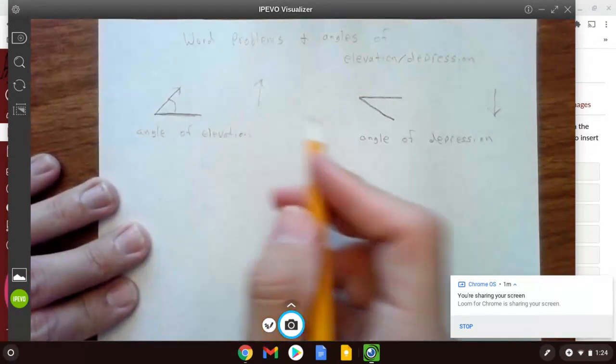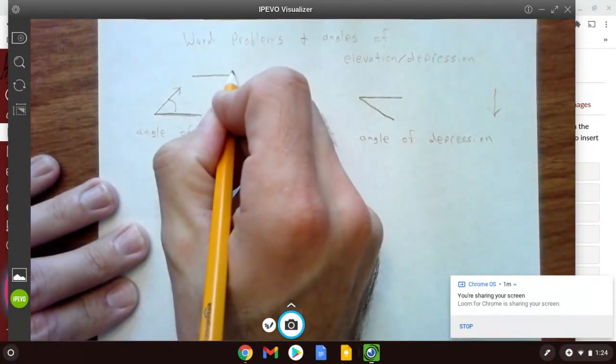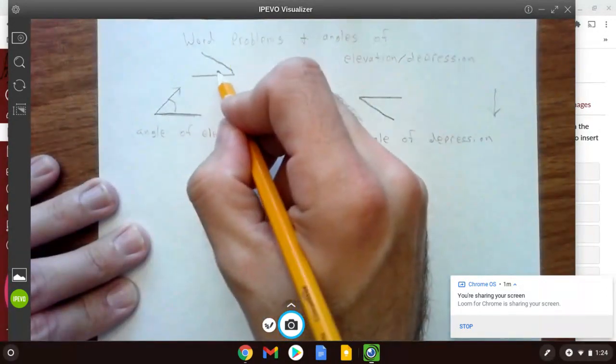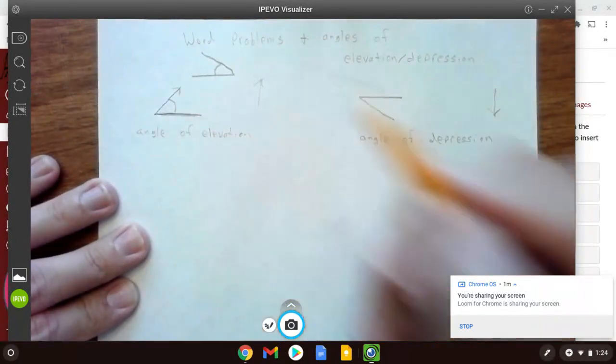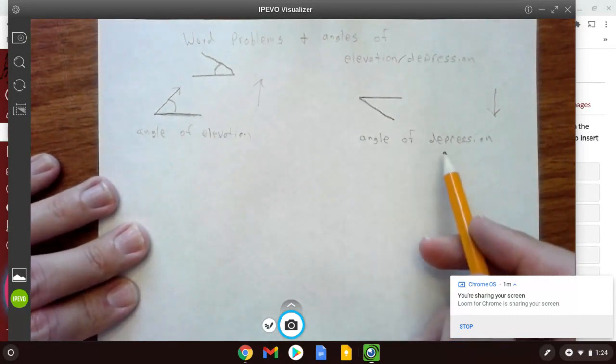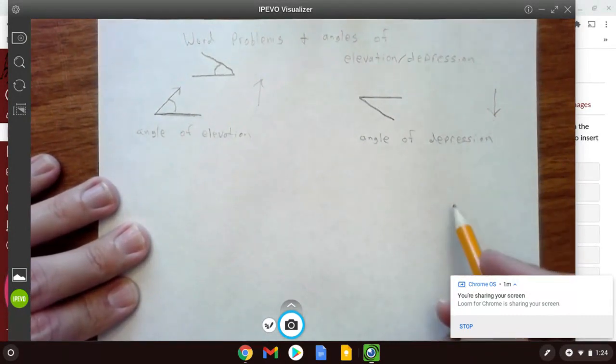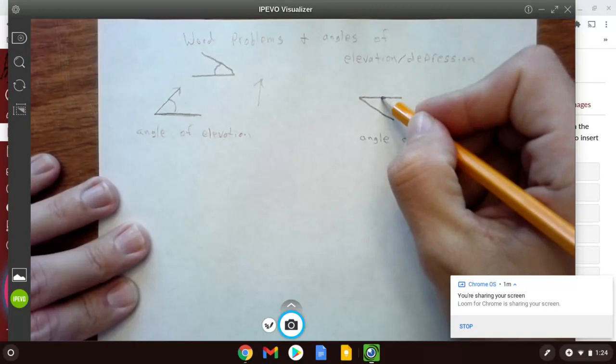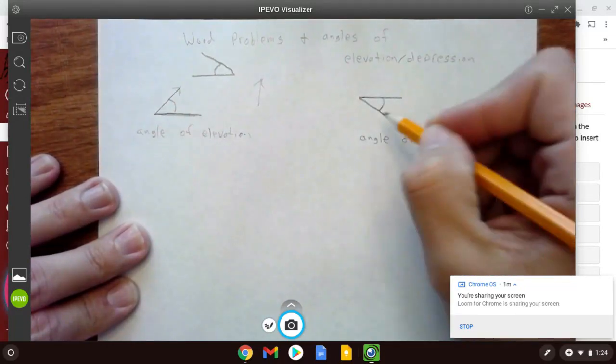So it could be facing like that, or it could be facing like this. From horizontal, it's pointed upwards. Whereas an angle of depression is the opposite, it's pointed downwards. From horizontal, they're measuring it downwards.